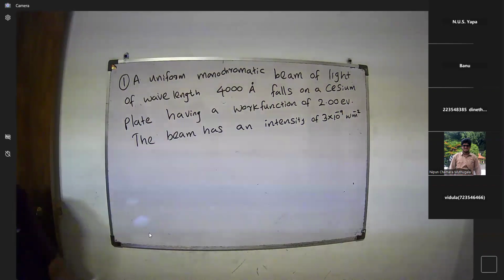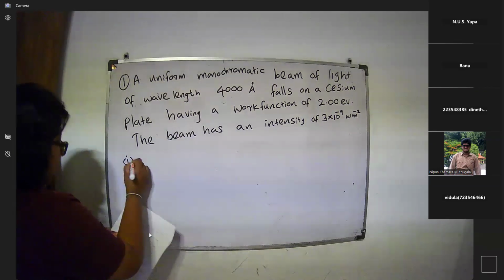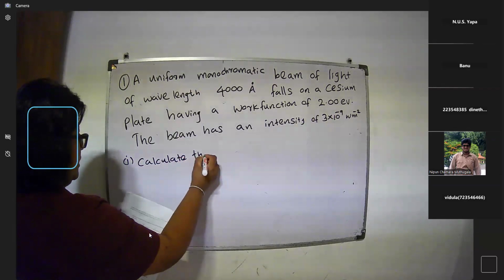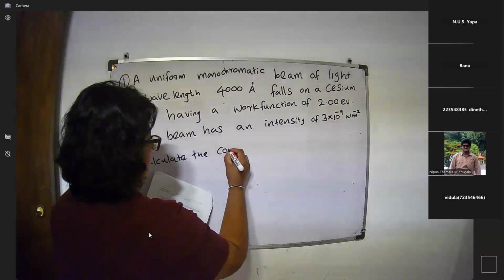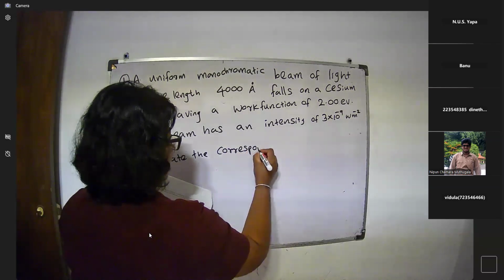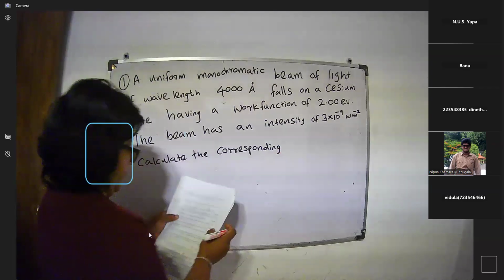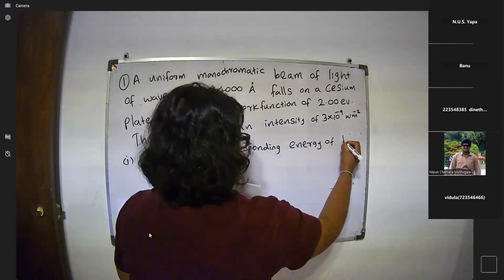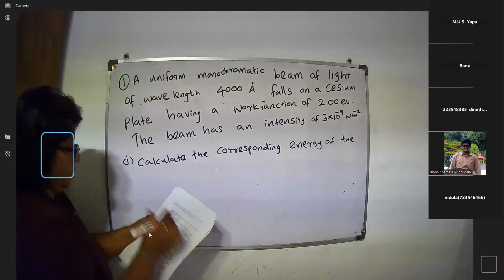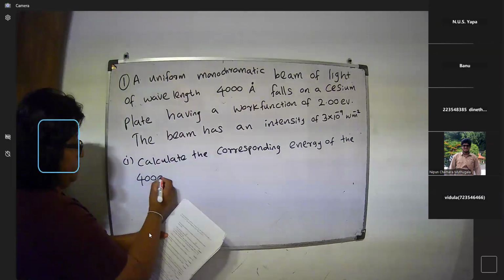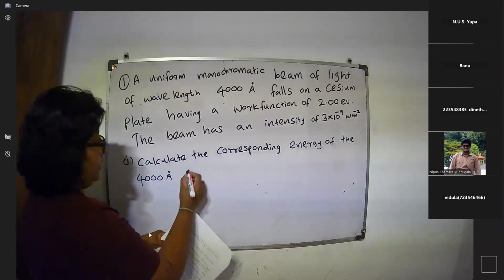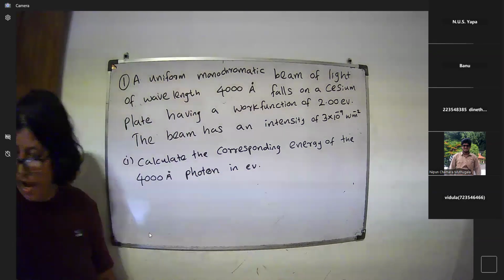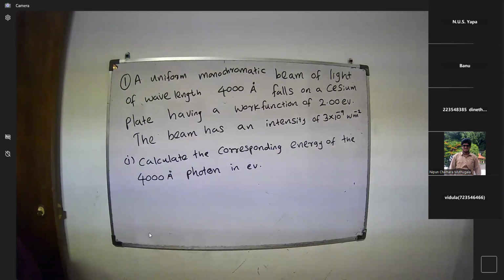Question number 1, part 1. Calculate the corresponding energy of the 4000 angstrom photon in electron volts. How do we calculate this one?